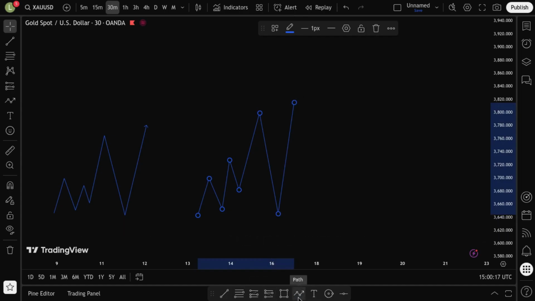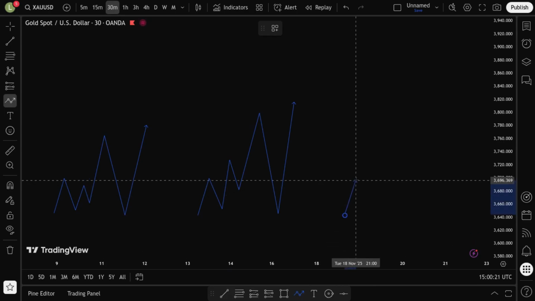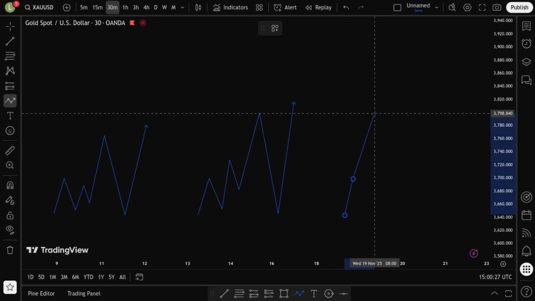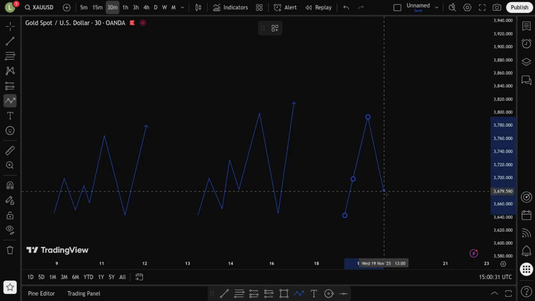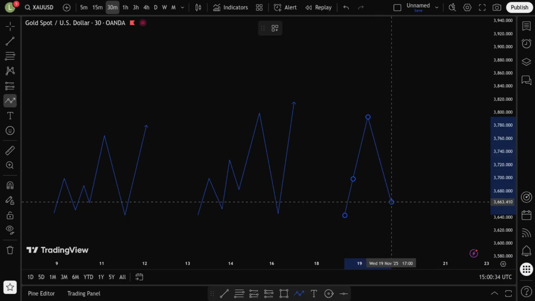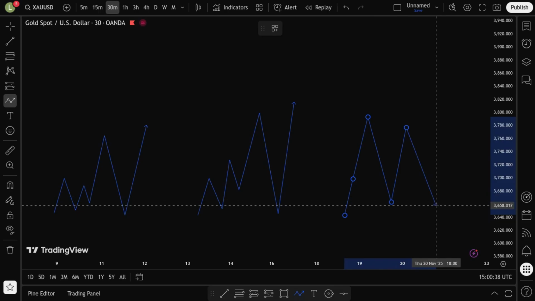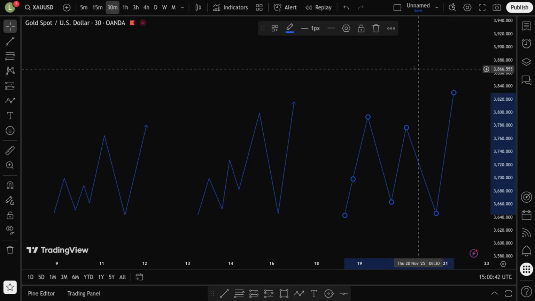Liquidity can also play out like this: come here, come here again, take out this low, and go to the upside.